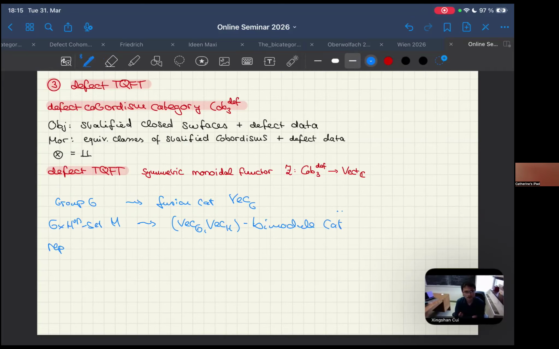The representations of the action groupoids correspond to bimodule functors. And the intertwiners to bimodule natural transformations.